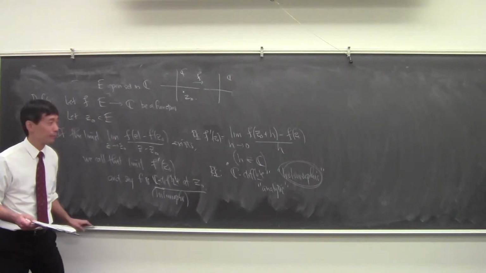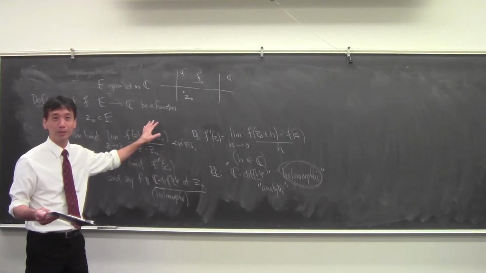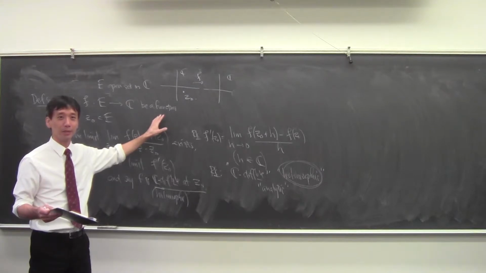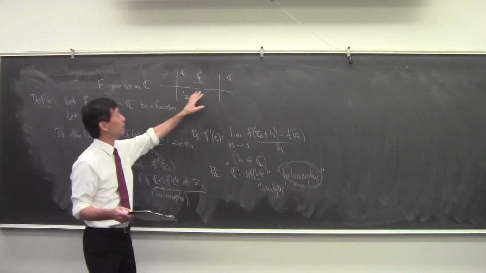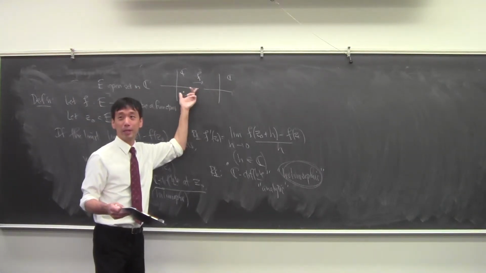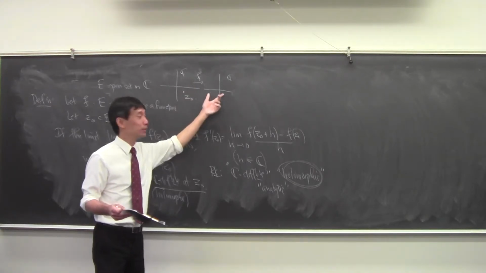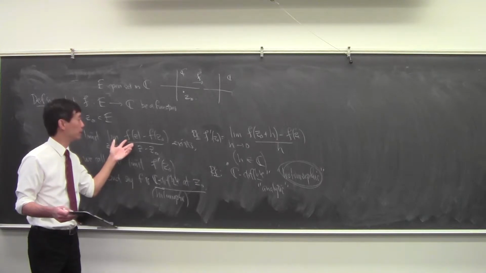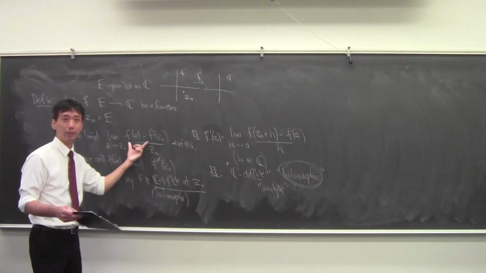Okay, everybody all right? All we're doing is defining a notion of differentiability for complex functions. You've got a function on the complex plane going from C to C, taking in complex numbers and giving back complex numbers, and we want to define some sort of differentiability. So we define it basically like we do for real numbers.